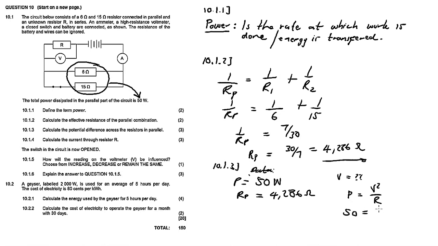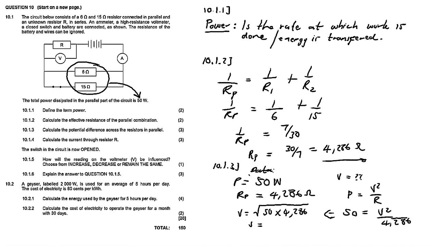50 equals V squared divided by 4,286. Then you cross multiply. V is equal to the square root of 50 times 4,286.